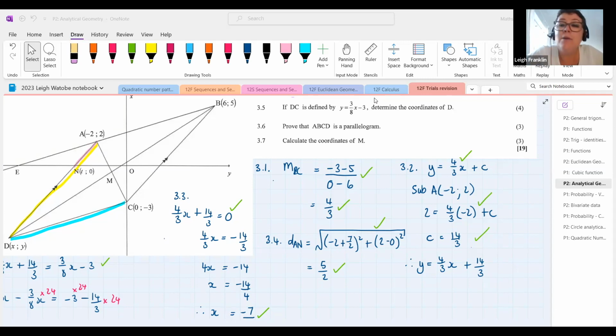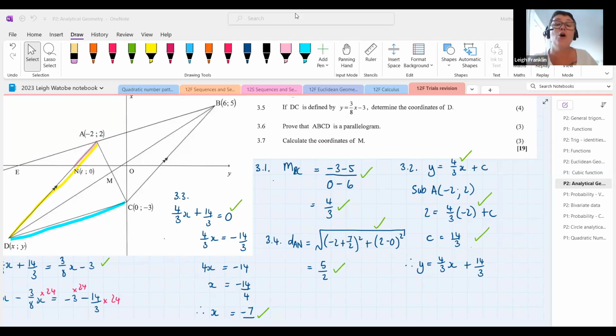So you've got a couple of options here as far as proving it as a parallelogram. If you can prove, as Lebogang was saying, that AD equals BC, you can prove that it's a parallelogram by one pair of opposite sides equal and parallel. Then somebody else in the chat said we need to prove that the gradients of AB and DC are equal to one another.